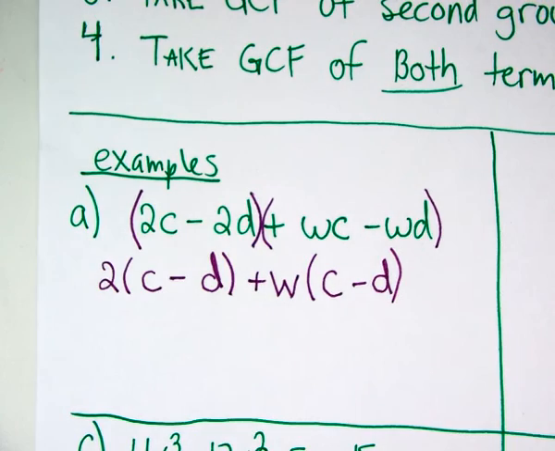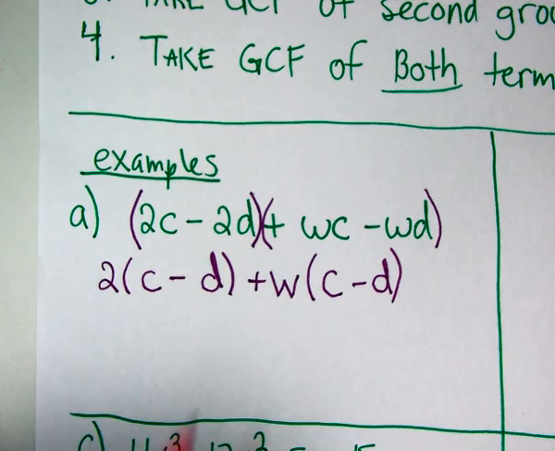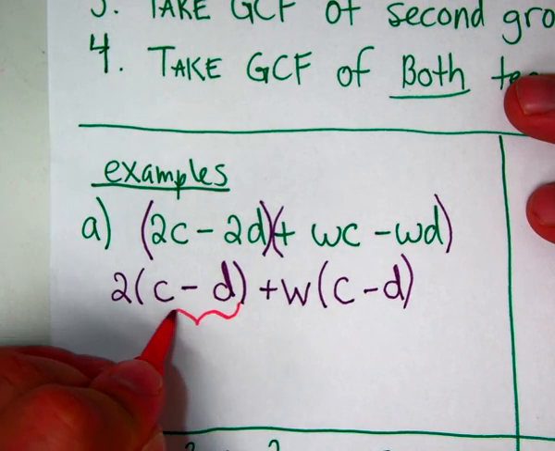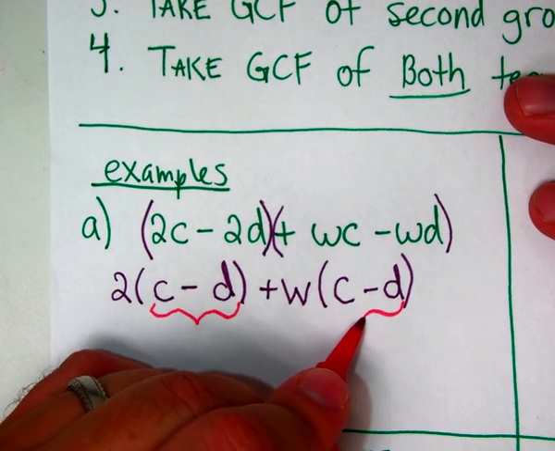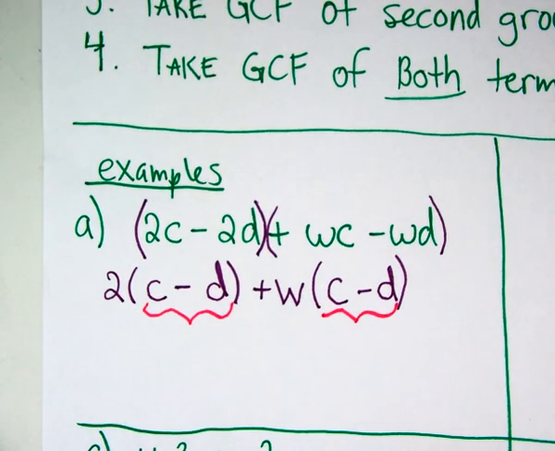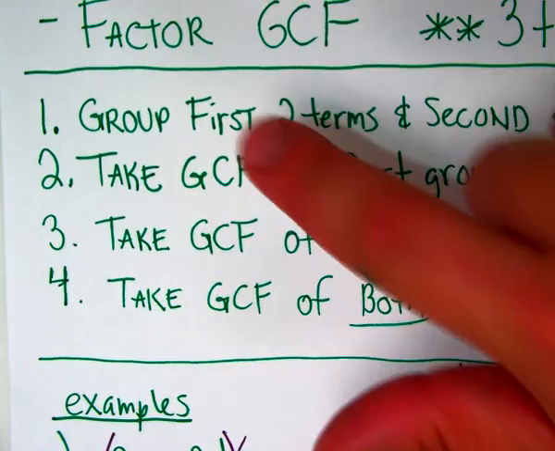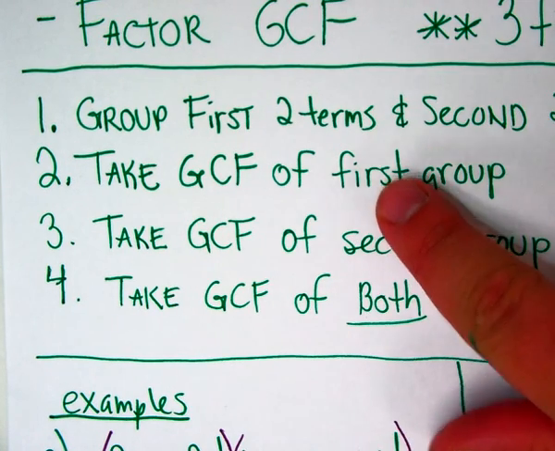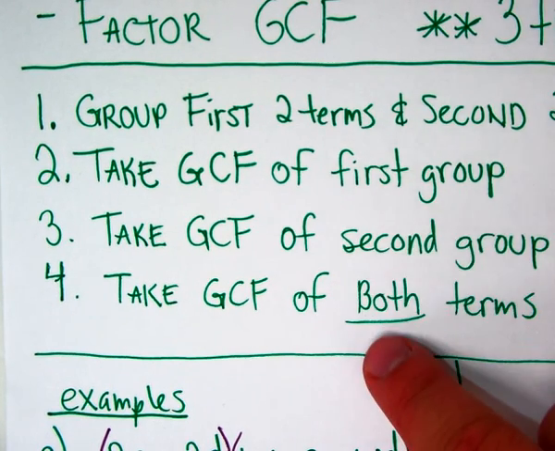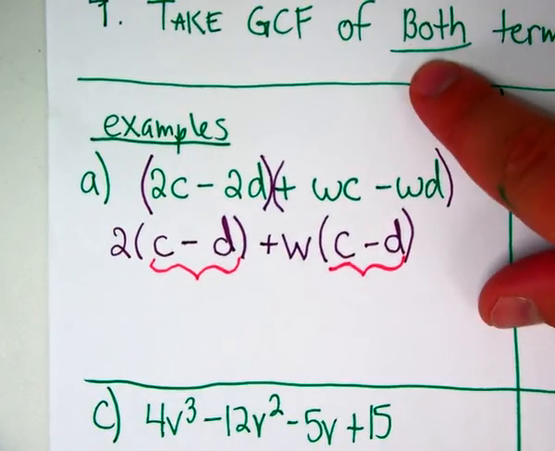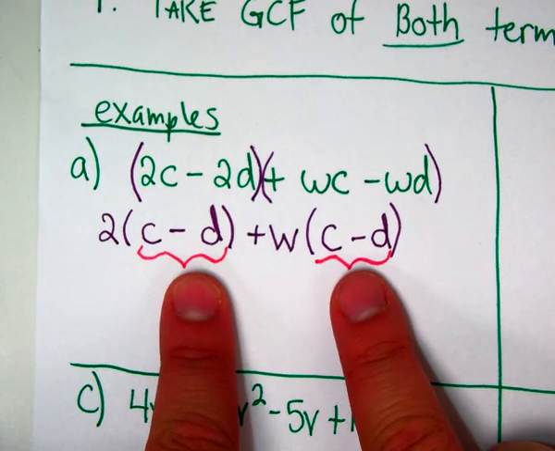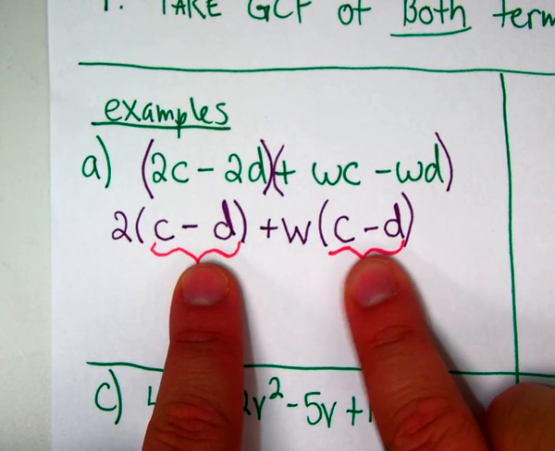Hopefully, once you've done this, you recognize that these 2 factors, whatever we end up with right here, should always be identical to what we get right there, if you've done this correctly. So we've done steps 1 and 2 and 3. We grouped them, GCF of the first, GCF of the second. Now we have to take the GCF of both parts. These 2 are what are in common between these 2 separate terms.